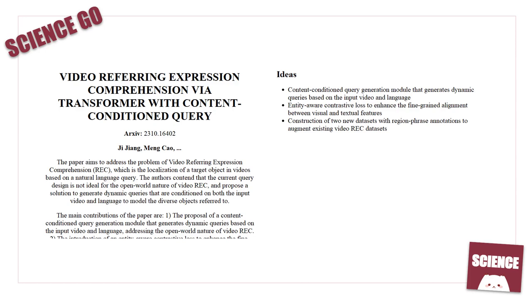This allows for a better understanding of the objects being referred to. The paper also introduces a new loss function to improve the alignment between visual and textual features. Additionally, the authors create 2 new data sets to enhance existing video comprehension data sets. Overall, this paper makes important contributions to the field of video comprehension. It improves the performance of existing models.